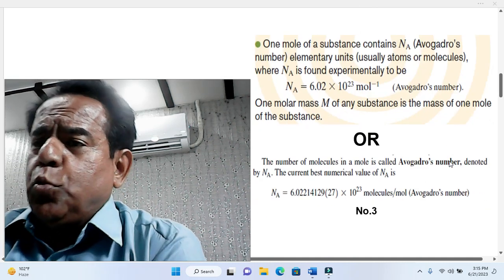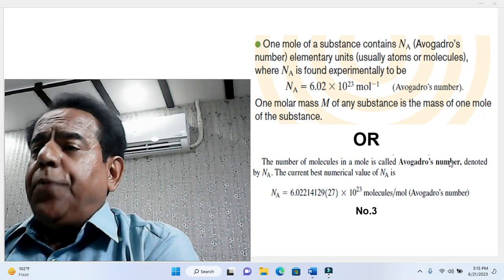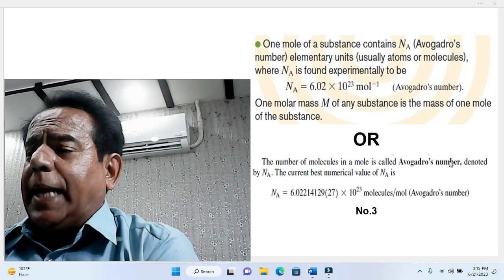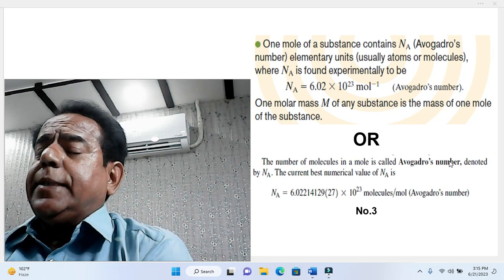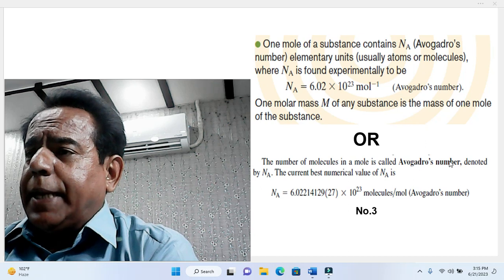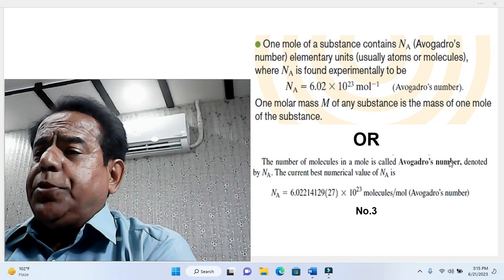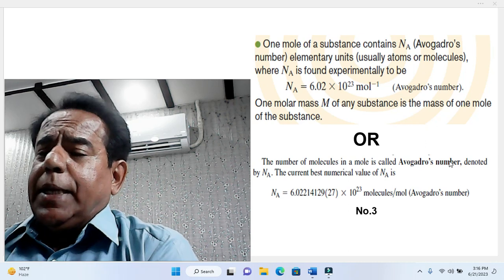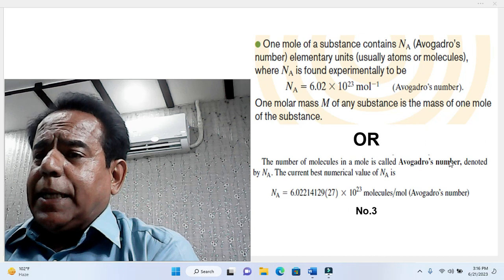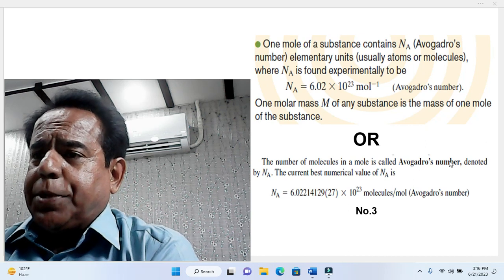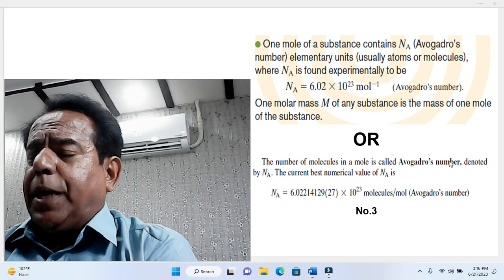In helping tool number 2, the mole or Avogadro number has been defined. 1 mole of a substance contains N_A elementary units, usually atoms or molecules, where N_A, Avogadro's number, is found experimentally to be equal to 6.02 into 10 raised to the power 23 per mole.